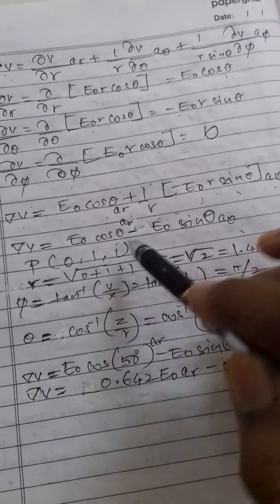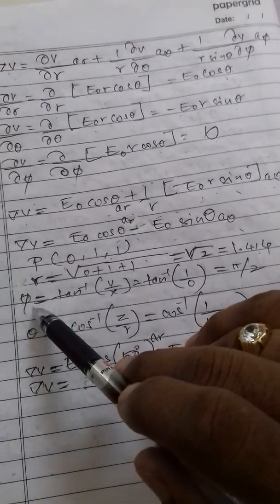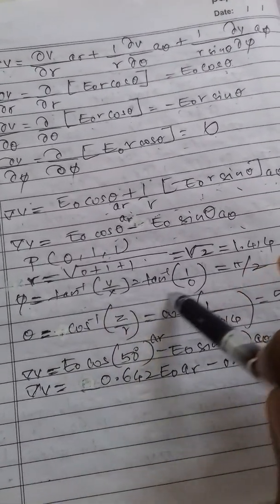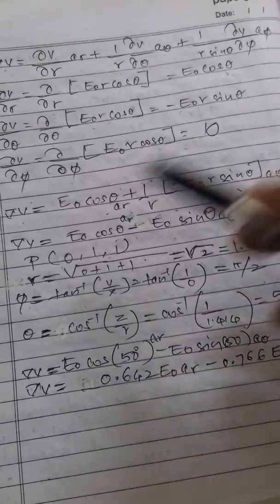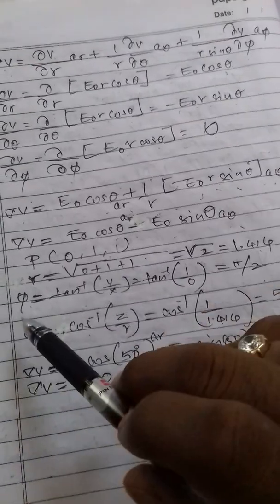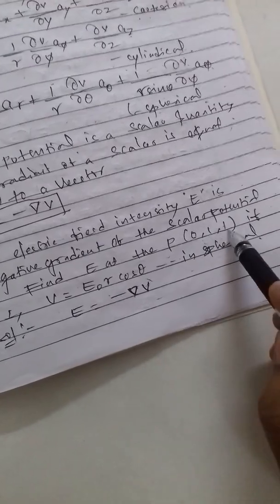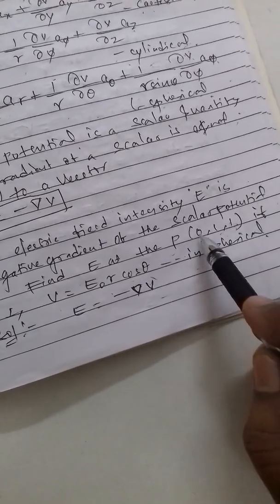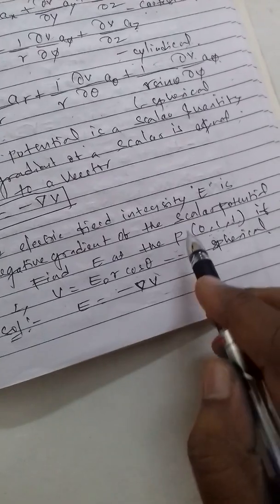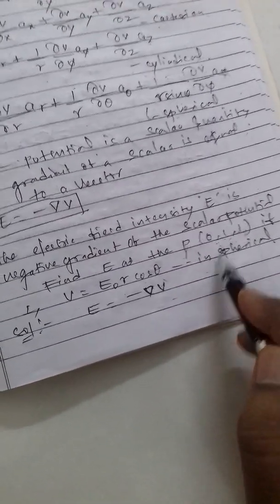Now at the point (0, 1, 1), r is equal to the square root of 0 plus 1 plus 1, which is root 2, equal to 1.414. Phi is equal to tan inverse of y by x, tan inverse of 1 upon 0, is equal to pi by 2. Theta is equal to cos inverse of z by r. The coordinate values of point P are given in the Cartesian coordinate system as (0, 1, 1), so first you have to convert these values into spherical coordinate values.